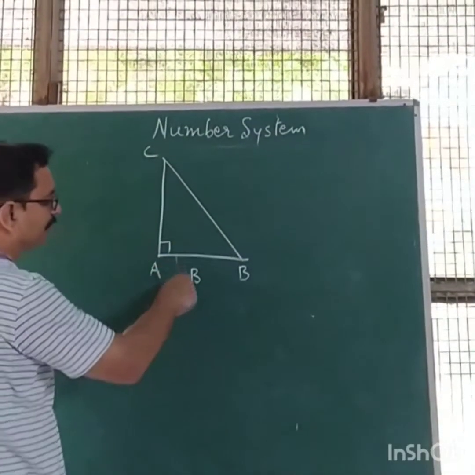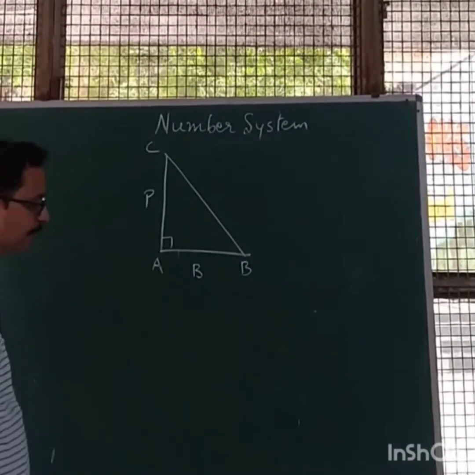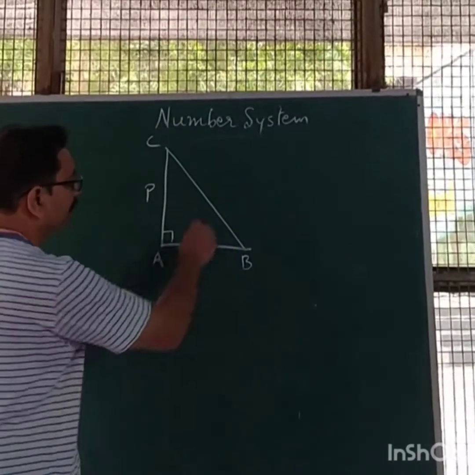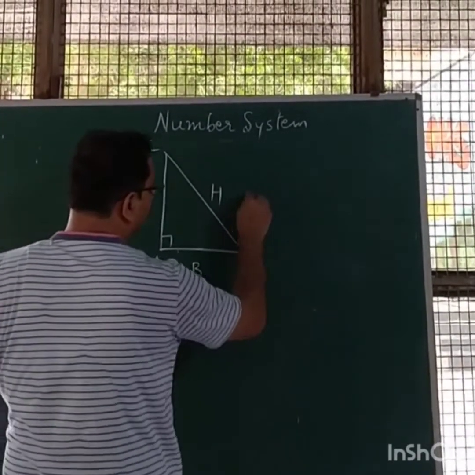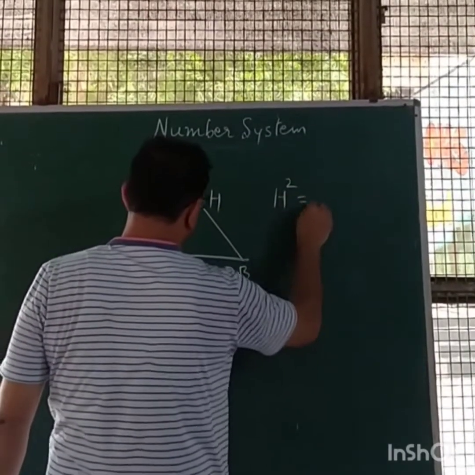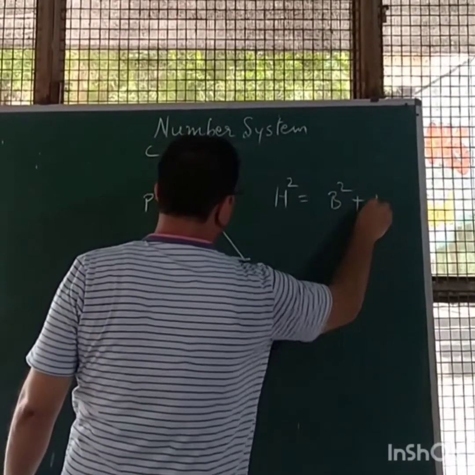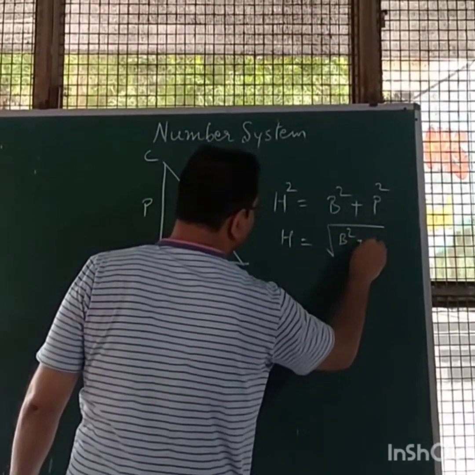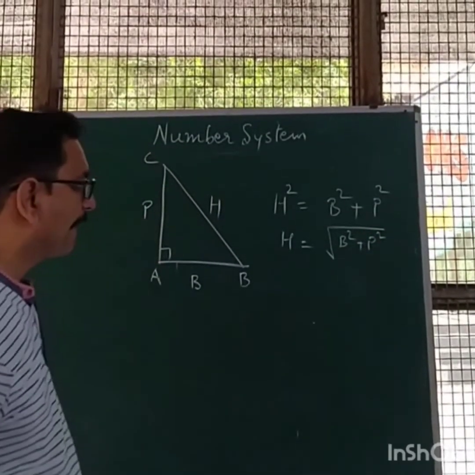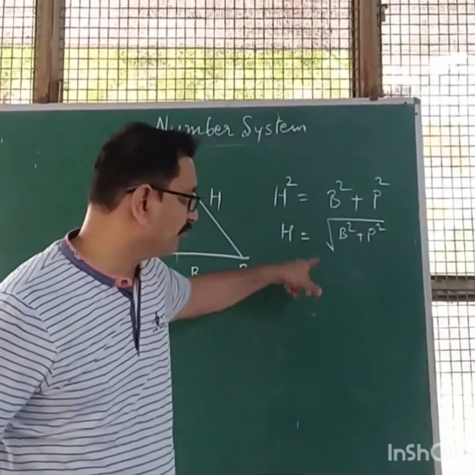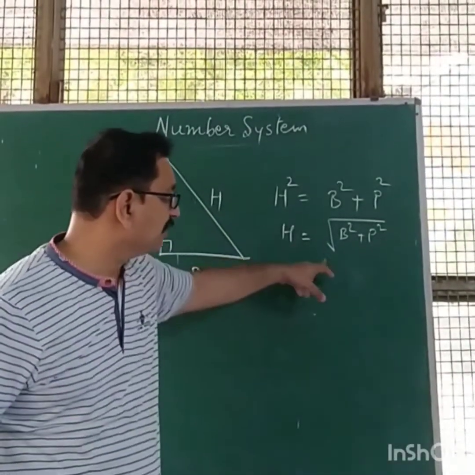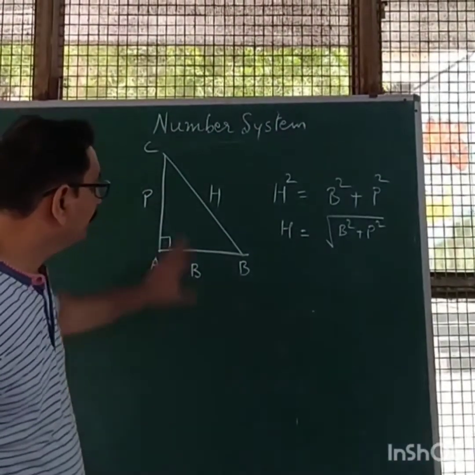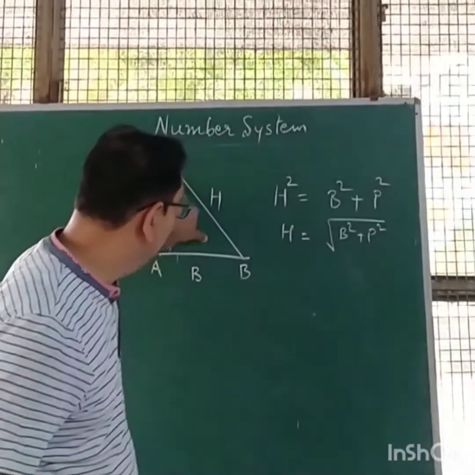The line which is perpendicular to the base is called perpendicular, and the line in front of this right angle is called hypotenuse. So Pythagoras theorem states that hypotenuse square is equal to base square plus perpendicular square, and hypotenuse is equal to under root of base square plus perpendicular square. This is taken to be positive because if we take under root, we have two values, positive and negative. We will discard the negative because distance is always positive.